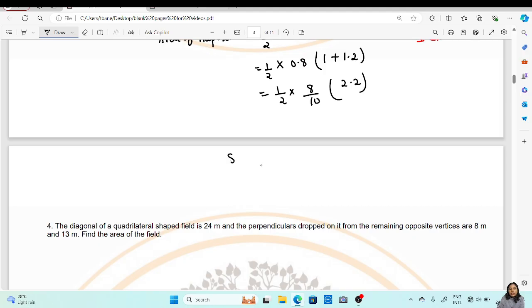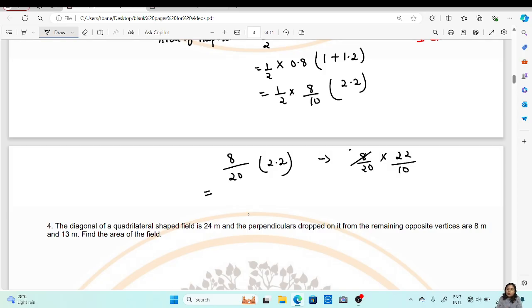So now this will be 8 upon 10 into 2.2. So if we calculate further, we can write this as 8 upon 10 into 22 upon 10 because we shifted the decimal once. Now we can directly cancel.